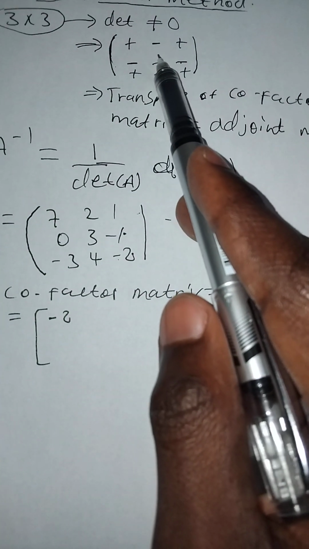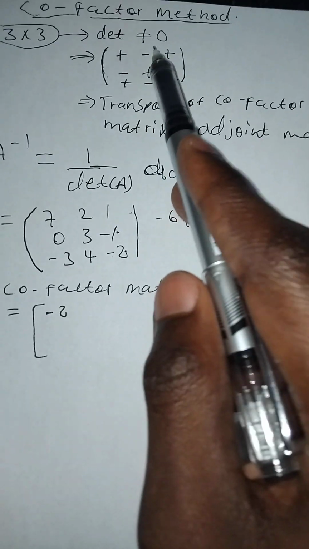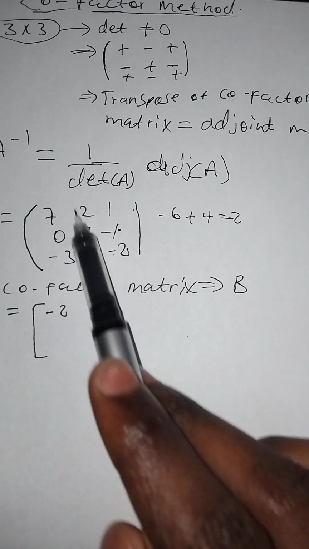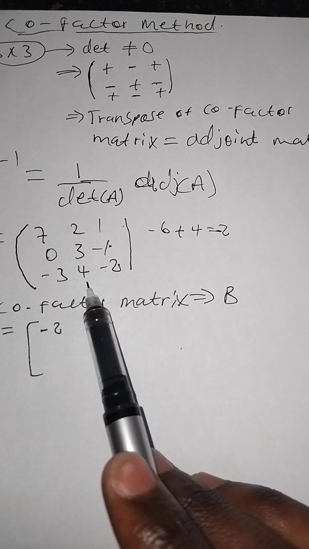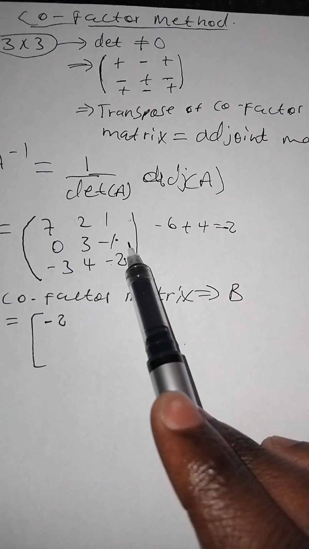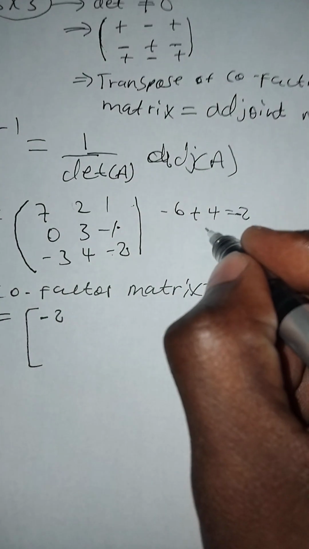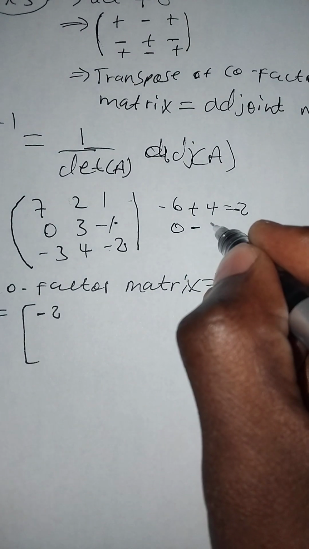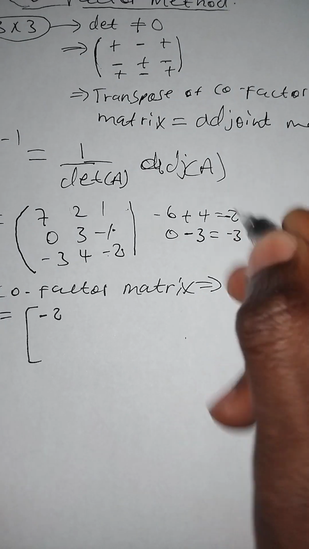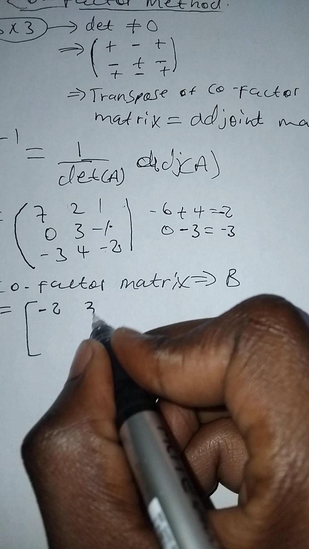Okay, for the next one, you have to pay attention to the sign. It is going to be negative, and it's going to affect whatever we find for the cofactor of this entry 2. So for the entry here, we cancel this and that, so it's 0 by minus 2, that goes away. Then minus 3 by minus 1, that is going to be 0 minus 3, so it's basically equal to minus 3. This minus 3 is going to get affected by that sign, so we end up with positive 3 instead.